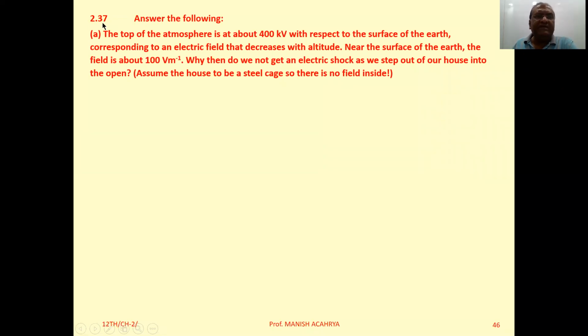Example 2.37, answer the following. A. The top of the atmosphere is at about 400 kilovolt with respect to the surface of the earth, corresponding to an electric field that decreases with altitude. Near the surface of the earth, the field is about 100 volt per meter.